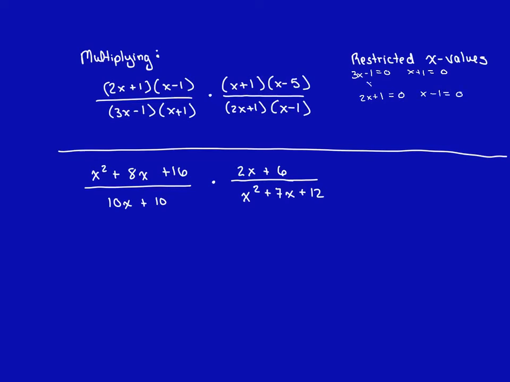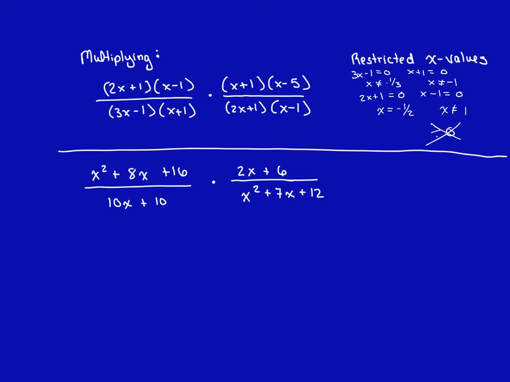And so we say, okay, x cannot equal 1/3, x cannot equal -1, x cannot equal -1/2, and x cannot equal 1. So those are our restricted values, because if x equaled those values, we would be dividing by 0, and that's a big no-no. We don't want to do that.